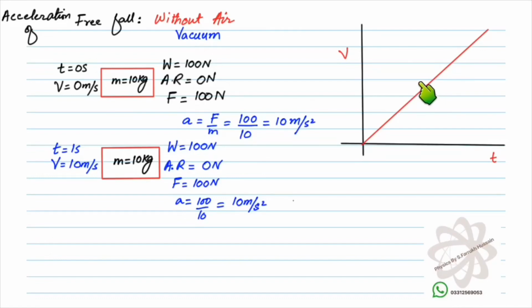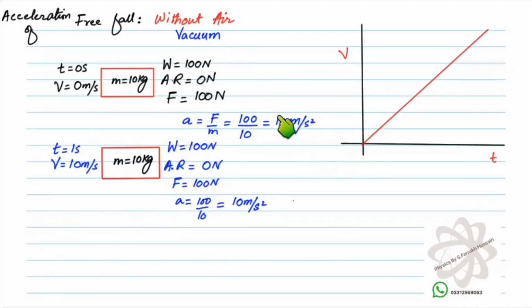Constant gradient means constant acceleration. Also, if you drop two objects of different masses, let's say one of 10 kg and the other of 100 kg, from the same point, both will hit the ground at the same time because there is no air resistance affecting the motion.